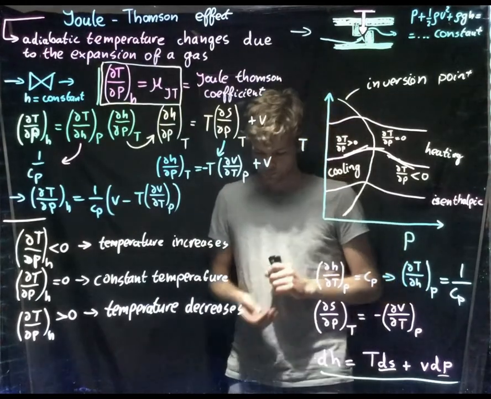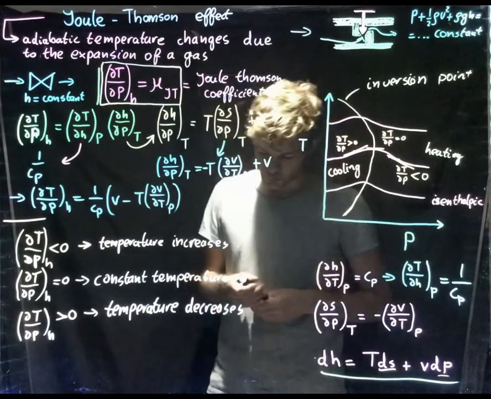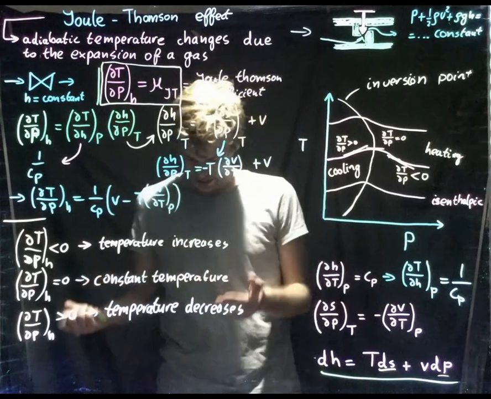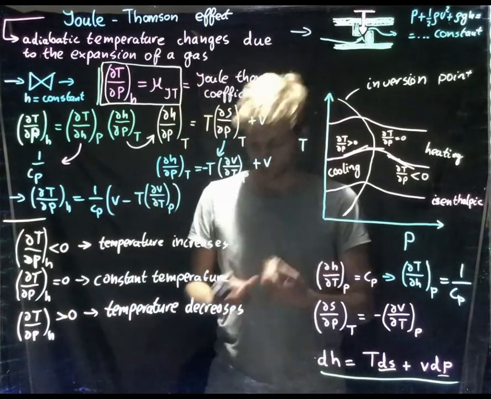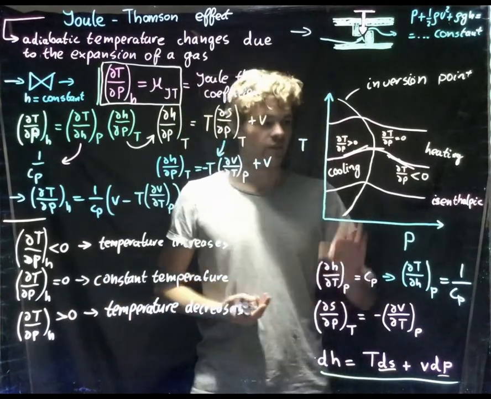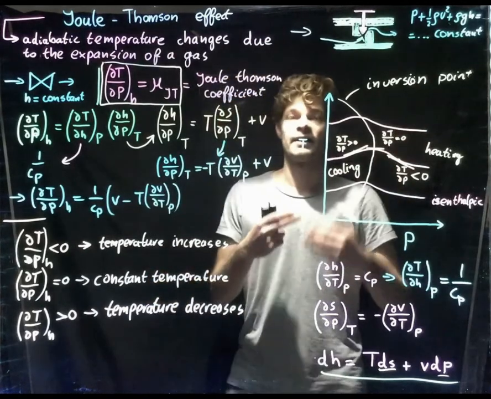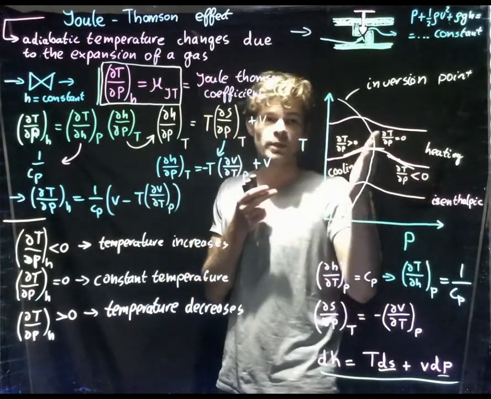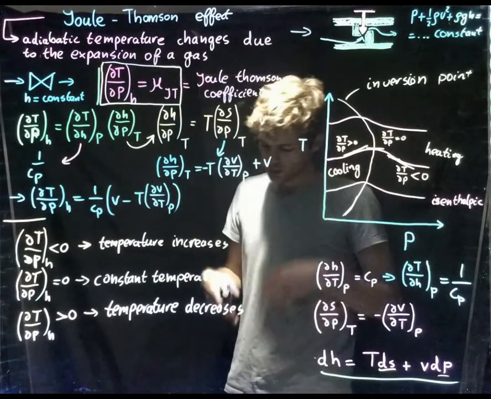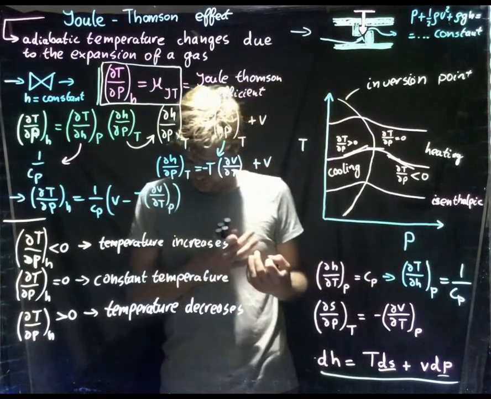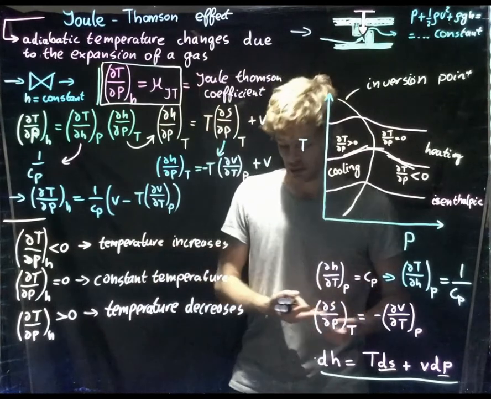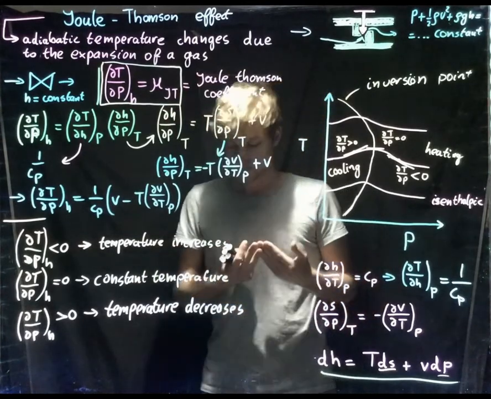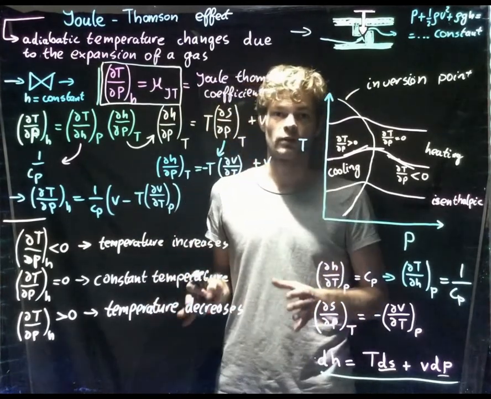For instance, air, nitrogen, oxygen all have a high inversion point, higher than room temperature. So when expanding, they will be cooling. On the other hand, for instance hydrogen, helium, they have a low inversion point, lower than room temperature.